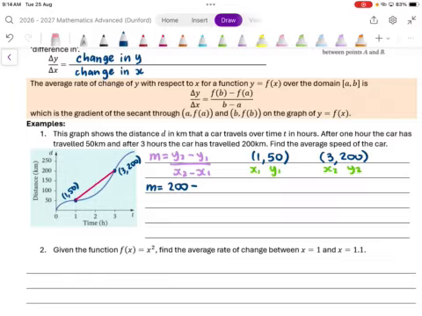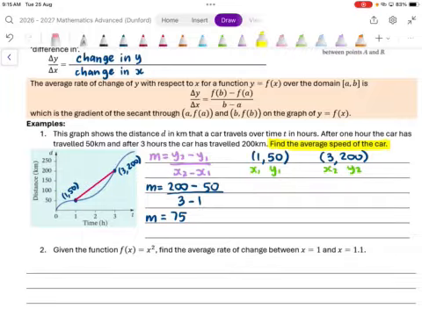So what we have is 200 minus 50 over 3 minus 1. So when we put that into our calculator, we get that our gradient is equal to 75. Now, were we asked to find the gradient? No, we're asked to find the average speed of the car. And this was a worded question.